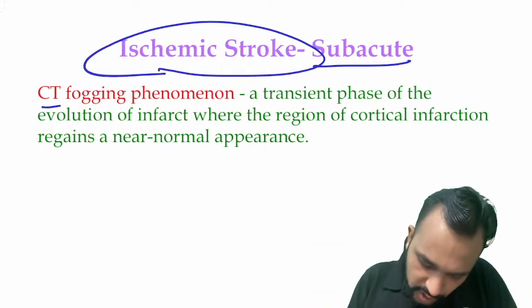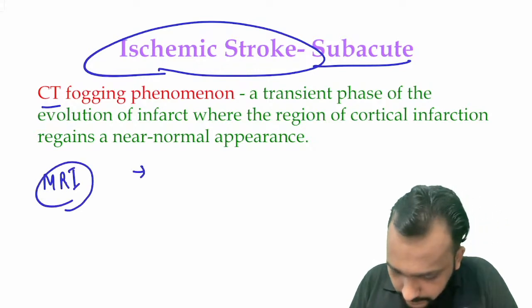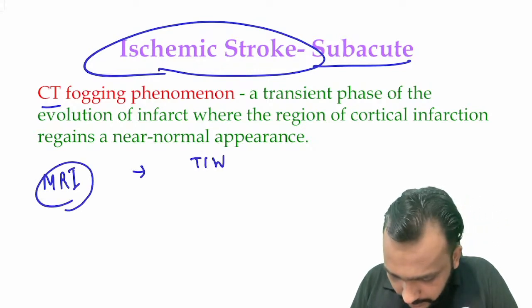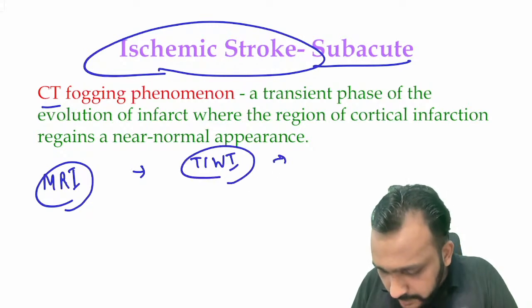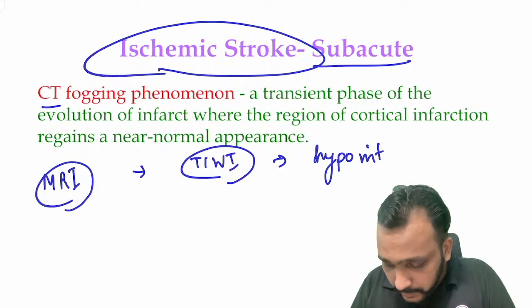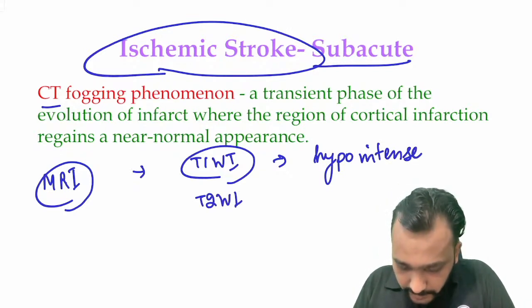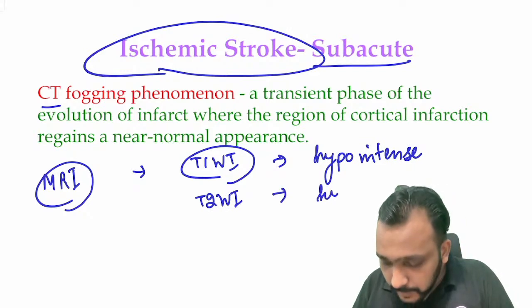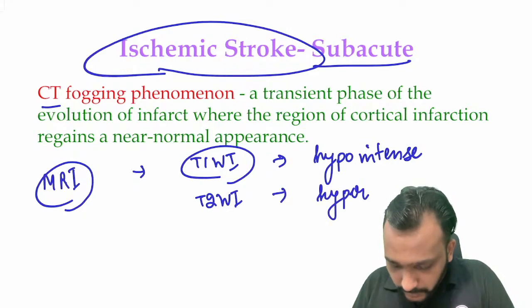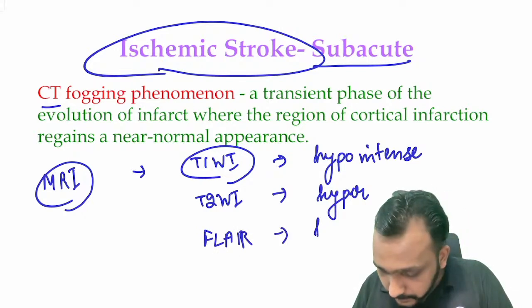And guys, if I talk about MRI, on MRI, this subacute ischemic stroke will appear hypointense or dark on T1 weighted images. On T2 weighted images, it is going to appear hyperintense. On the FLAIR images, it is again going to appear hyperintense.